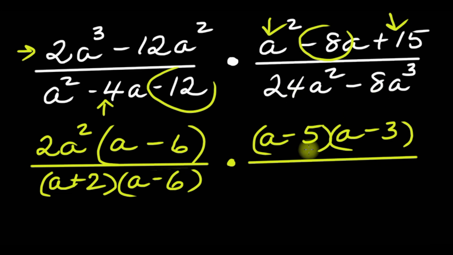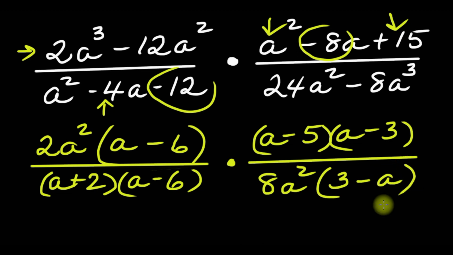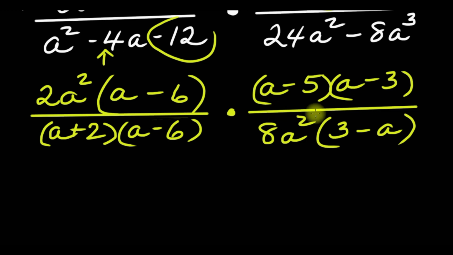And then this one, you can pull out 8a squared, and then you're left with 3 minus a. So it looks like we factored everything that can be factored. There is nothing else to be factored. So now we're just going to eliminate the common factors. Here I can take out a minus 6 with this a minus 6.